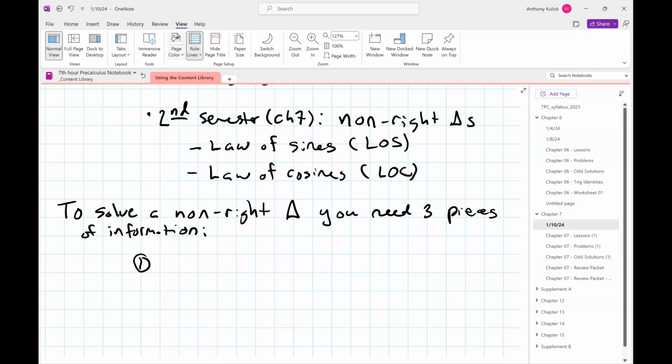So to solve a non-right triangle, you need to be given three pieces of information. You can either be given two angles and one side.